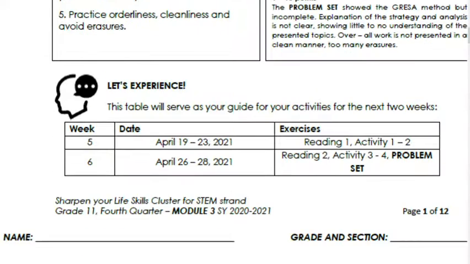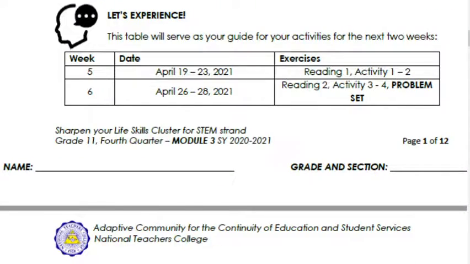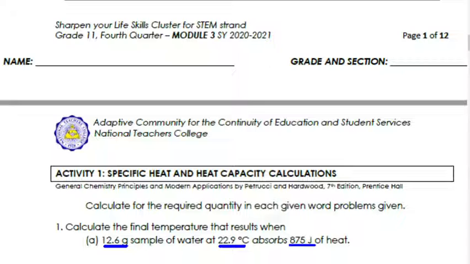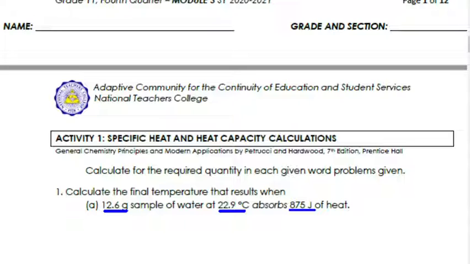And then for activity 1, this is a review of specific heat and heat capacity calculations. I hope that the difference between specific heat and heat capacity is already clear.